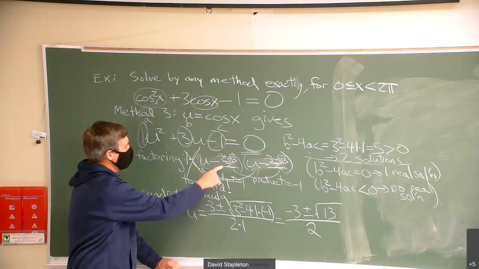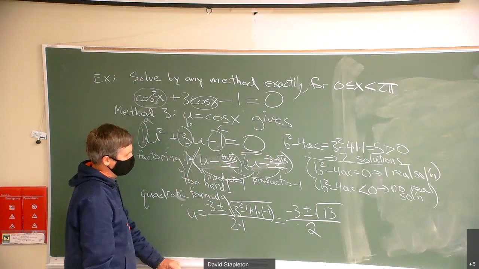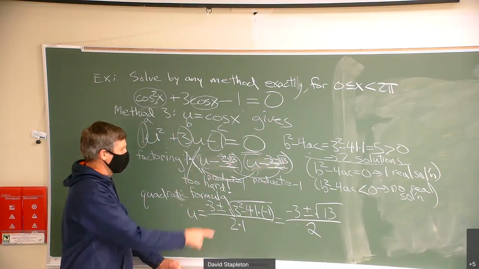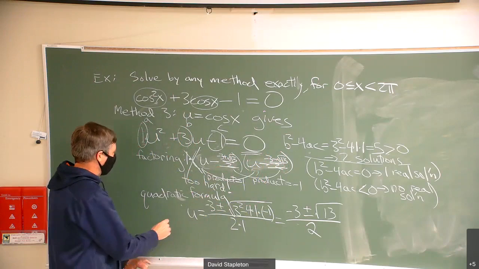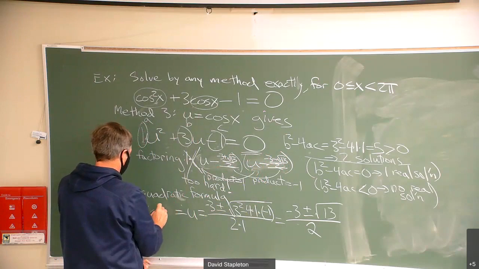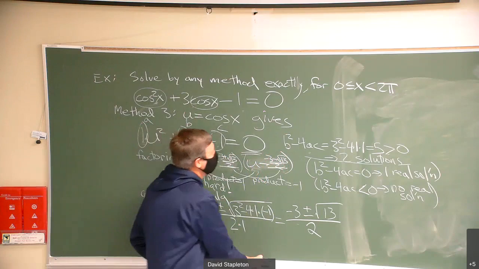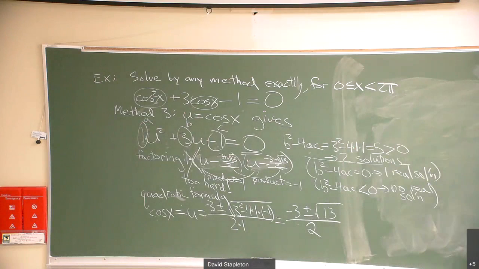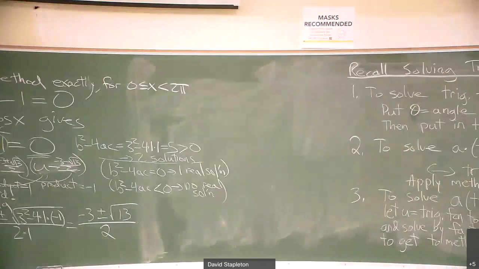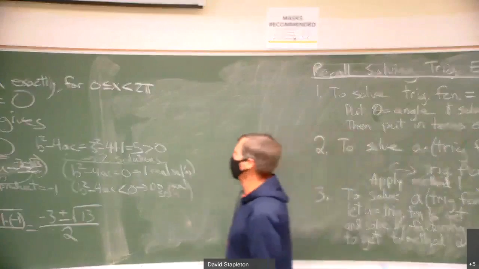So when these nasty square roots go in here, you just have to go to the quadratic formula. You never guess by factoring, right? These are the solutions, though. Now, u, however, is cosine x. So I just have to solve cosine x equals that. And there's two solutions, right?